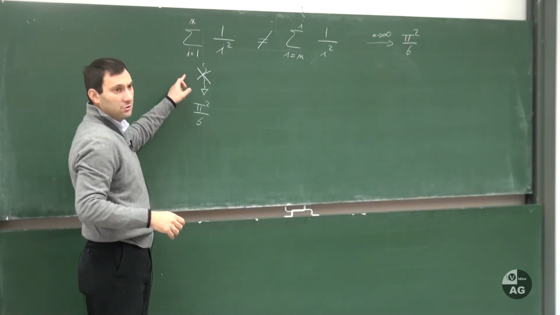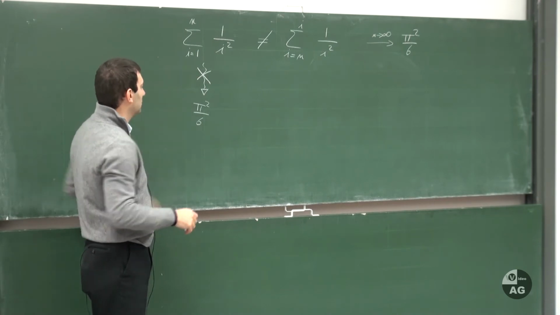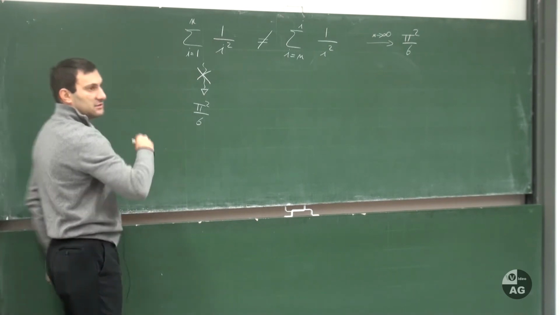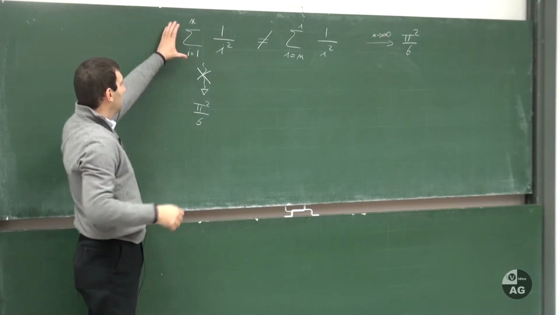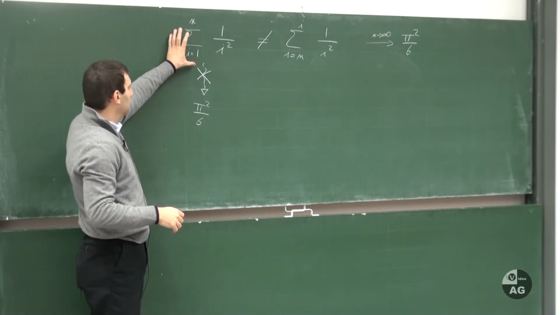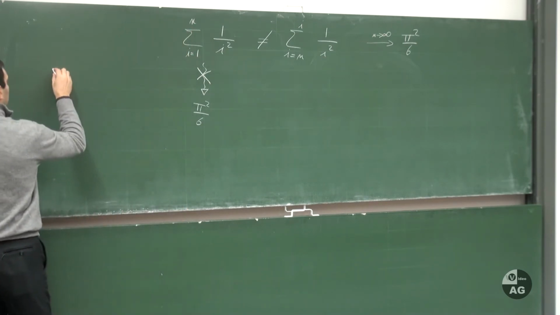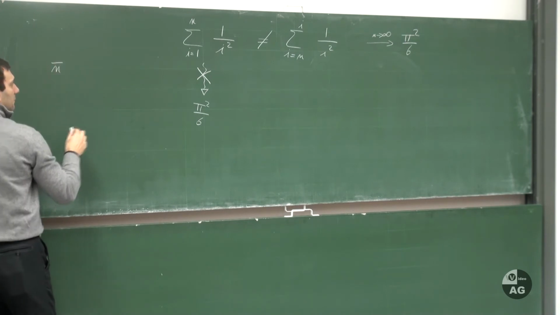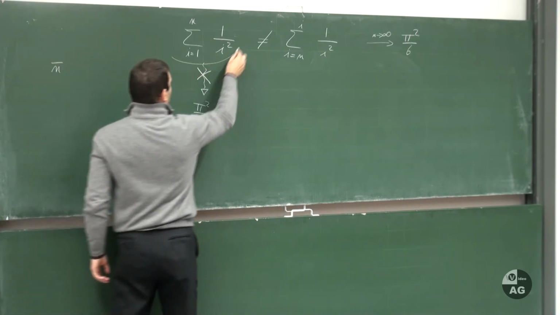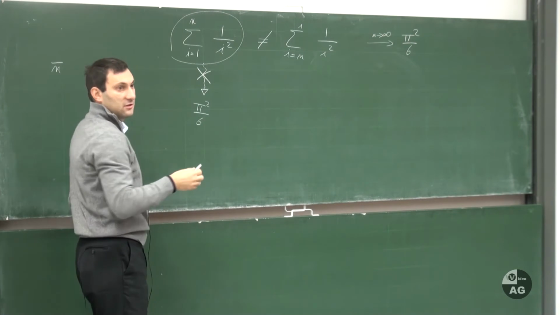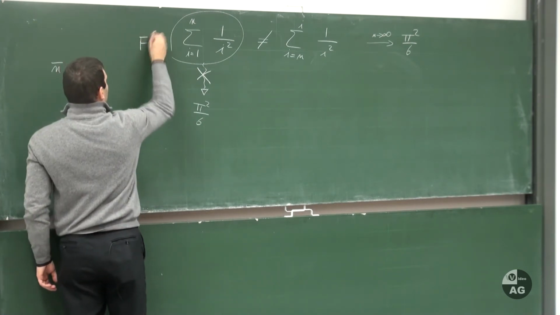I think I showed you that for a certain n, once you pass it, there is no difference here. So let's say that there is an n bar. Let's call it a function, f of n.